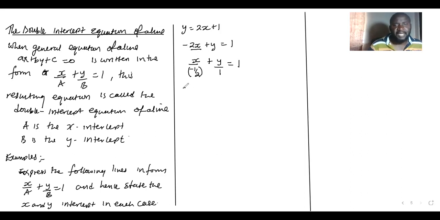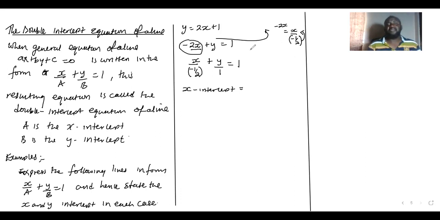I can rewrite the negative 2 x like this, as x over negative 1 over 2. Remember, this 2 went up, so we have brought it from up and brought it back down. So it's the same as writing it as a fraction.